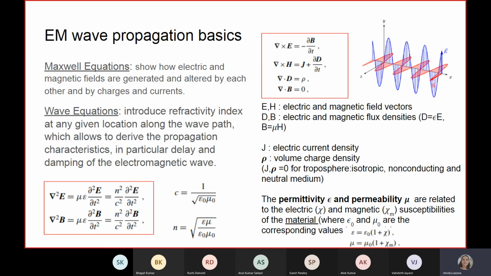From the Maxwell equations, when we make some assumptions, we arrive at wave equations, and from the wave equations we arrive at the equation of refractive index as a function of permittivity and permeability. You can see these two equations outside the red boxes: the relation between permittivity, permeability, speed of light and refractive index n.